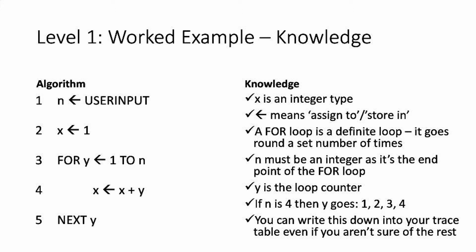Now quite often you'll get a column in the trace table for the loop, and if it's a simple for loop like this one, it's very easy to pick up a mark or two for working out where this loop starts and where it ends, and it's a very quick way to get yourself some marks and get lift off.